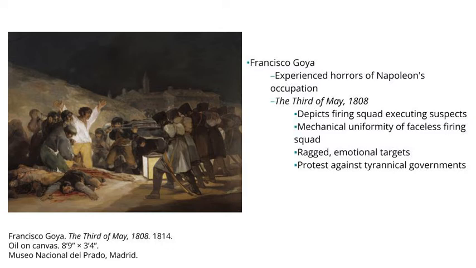Whereas that's contrasted with the ragged and emotional expressions of the targets, who are probably seeing their life flash before their eyes this very moment. And this piece is not only a protest of Napoleon's occupation in particular, but also of tyrannical governments as a whole.